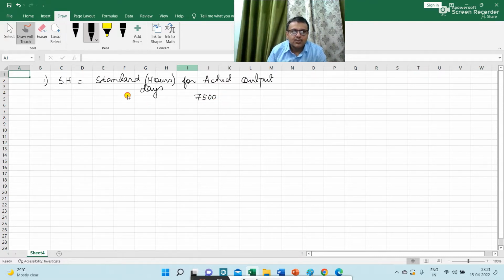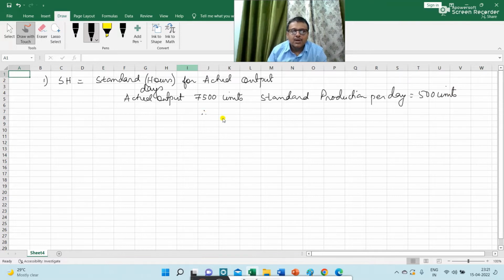Actual output is 7,500 units, and standard production per day is equal to 500 units.